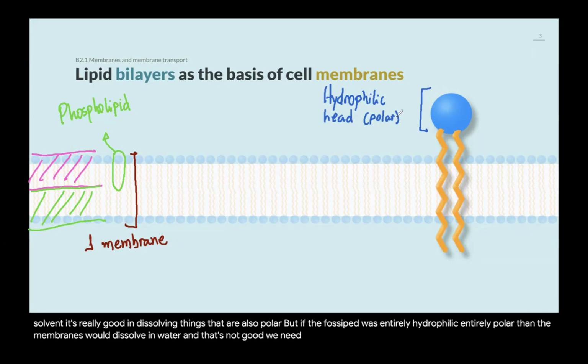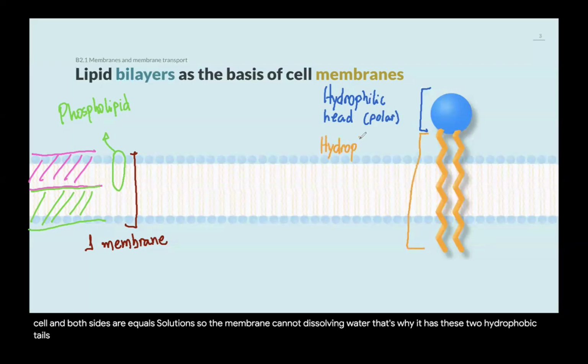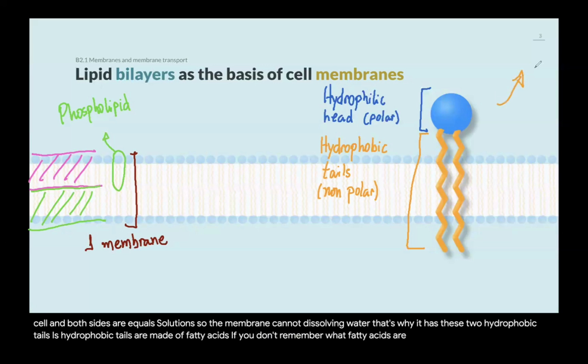We need the membrane to separate the outside from the inside of the cell, and both sides are aqueous solutions. So the membrane cannot dissolve in water. That's why it has these two hydrophobic tails. And these hydrophobic tails are made of fatty acids. If you don't remember what fatty acids are, you should take a look here at the carbohydrates and lipids video.